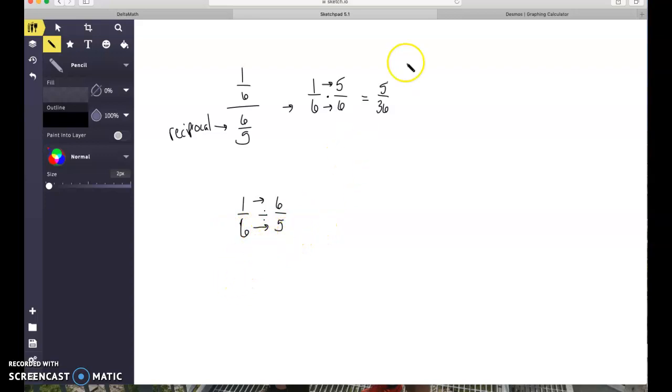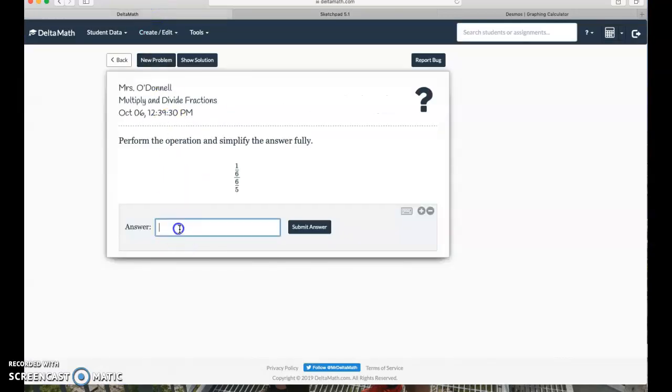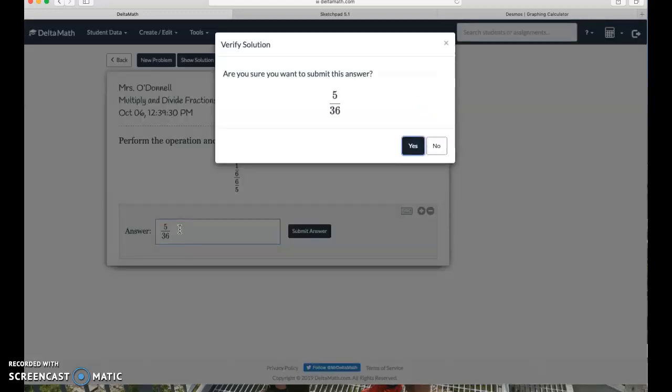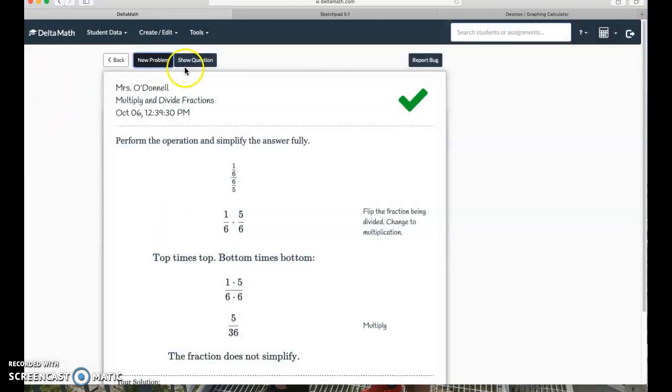But this one doesn't. So the easiest way is to multiply by the reciprocal, because that works every single time. All right, let's just type it in. 5/36. Let's see what Delta Math says. Okay, they liked it.